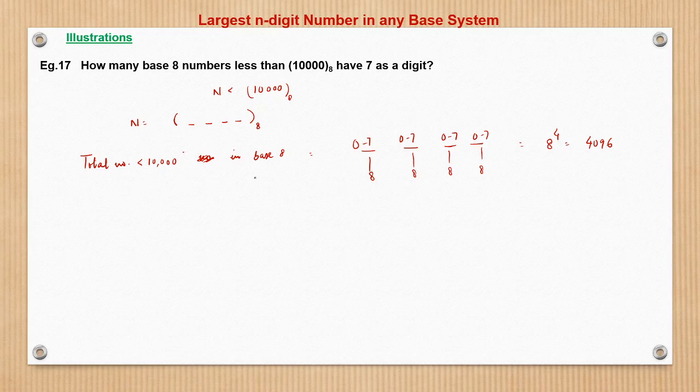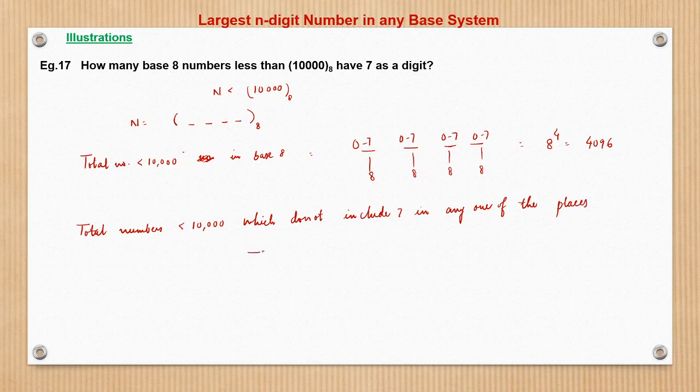This 4096 is the total number of numbers less than 10,000 in base 8. But we have to find all those which have at least one 7 as a digit. So now we will find the total numbers less than 10,000 which do not include 7 in any of the places.